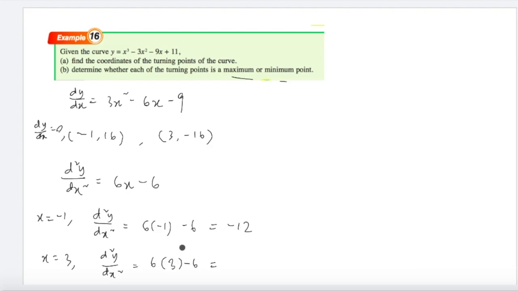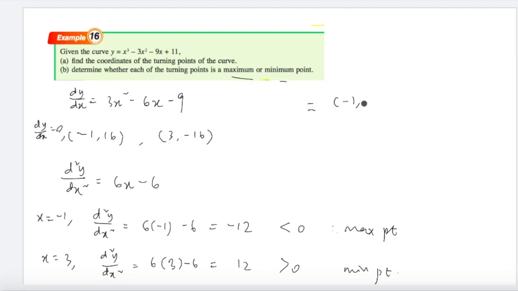You will get 18 minus 6, it's 12. So this one is negative. If d2y/dx2 is negative, it will be a maximum point. If d2y/dx2 is positive, it will be a minimum point. So now determine whether the turning point is maximum or minimum.